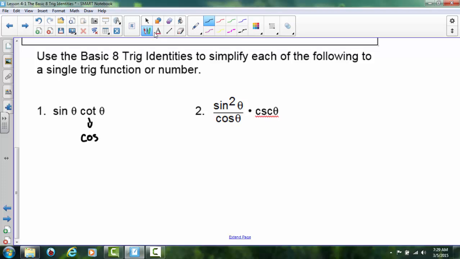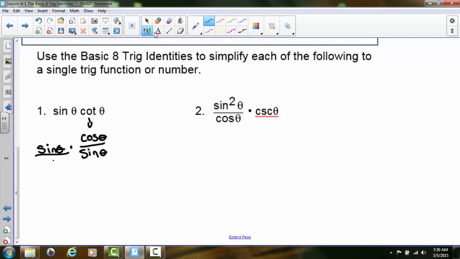So I can replace cotangent with cosine over sine. Now, this means to multiply, so I've still got the sine theta. When I multiply fractions, I can also divide out like factors. So sine theta divided by sine theta is 1, and I am left with cosine theta, which is one trig identity. So I've accomplished what they asked me to do here.